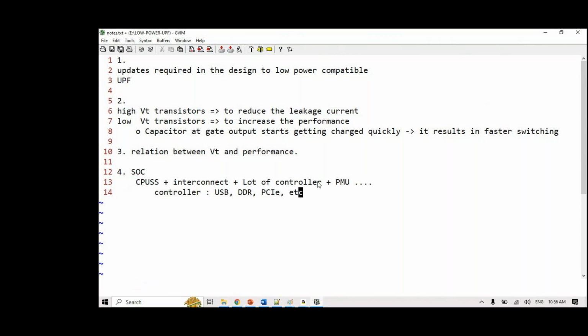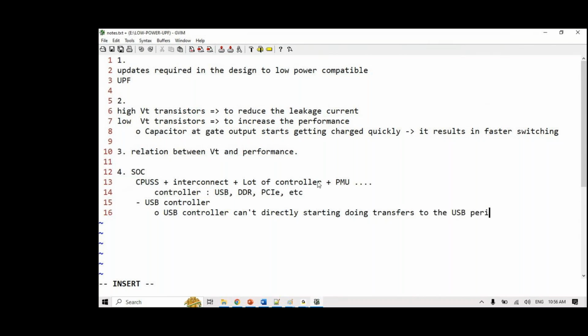So every controller, let's say the USB controller, can't directly start doing transfers to the USB peripheral. It requires some configuration from the processor. The processor needs to configure its behavior.